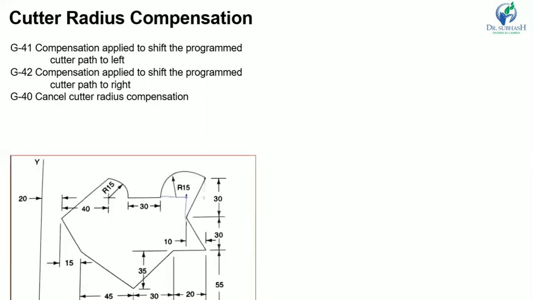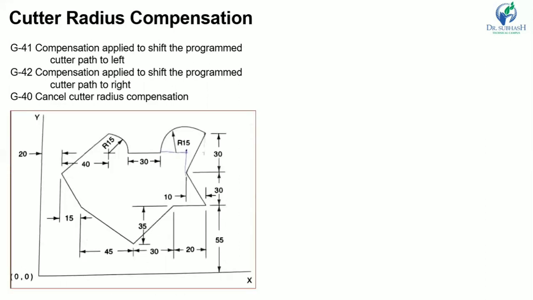Now let us understand this cutter radius compensation by this program. The direction in which the cutter path has to be shifted is decided by looking in the direction of cut.